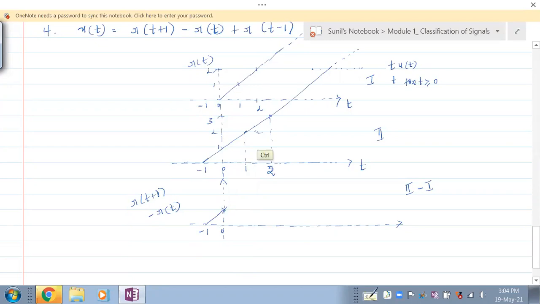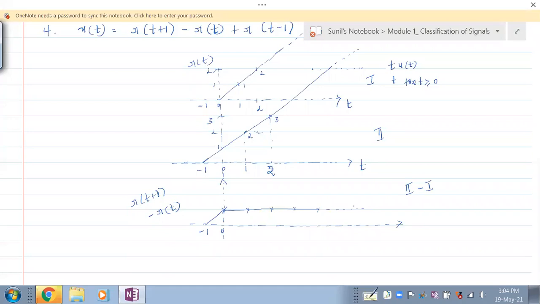At 2, you have 2 here, but at 1 you have 2, at 2 you have 3. So 2 minus 1 would be what? The second signal minus the first signal, right? So 2 minus 1 would again be 1. So at t equal to 2, we are performing 3 minus 2. Okay, so 3 minus 2 would again be 1. That means you would just go on having this type of pattern. Okay, so you can check that if you want. So this is what r of t plus 1 minus r of t looks like.